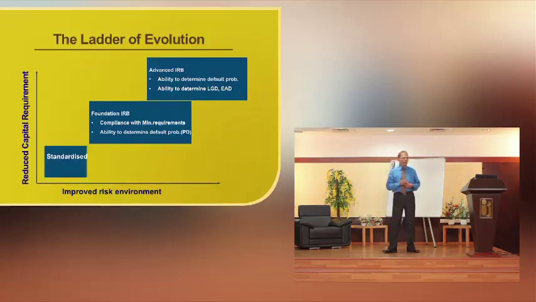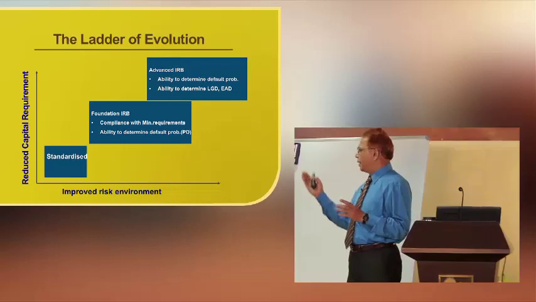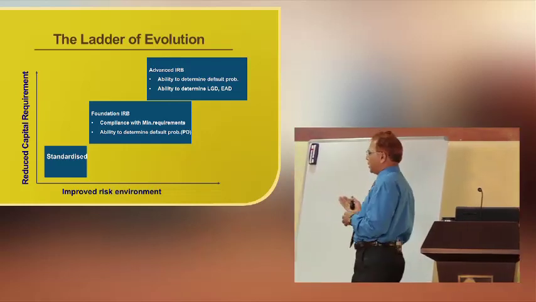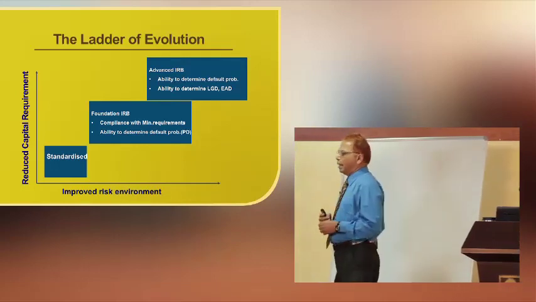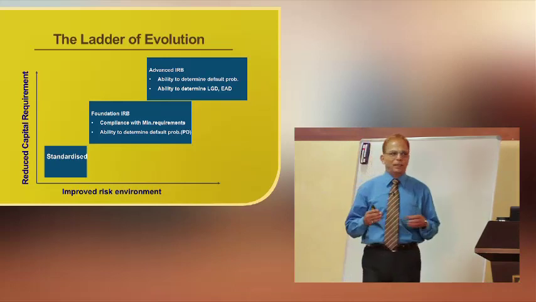Now if you look at the improved risk environment and the capital requirement, if you improve on the risk environment, your capital requirements are going to go down. That is how the whole Basel path has been set.